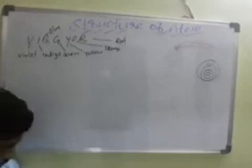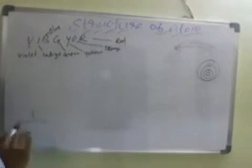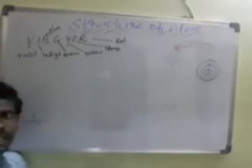This process continues, with both fields being perpendicular to each other. Changing of the magnetic field, changing of the electric field, like this. That is the wave nature of light.